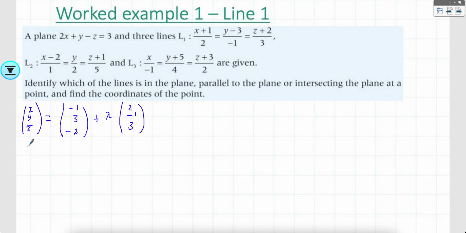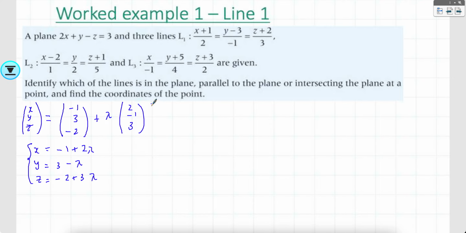And if I want to write it in parametric form, I take each component, so I have -1 plus 2 lambda, then 3 minus lambda, and then -2 plus 3 lambda. So we're at step 1 here, and then what I have to do is substitute this into my plane.